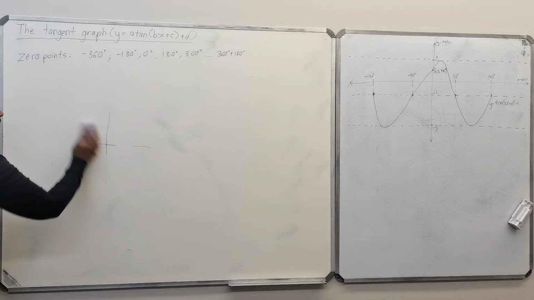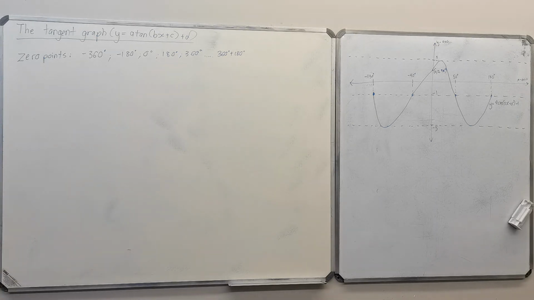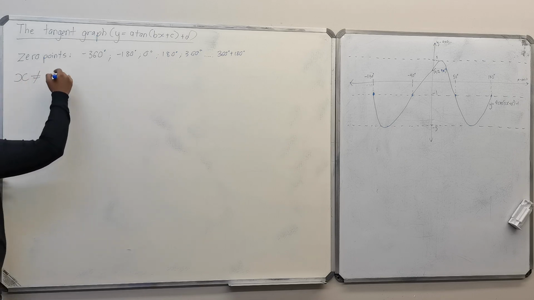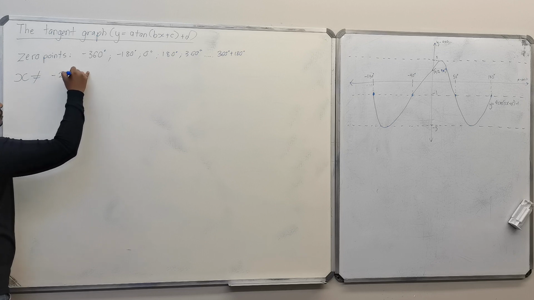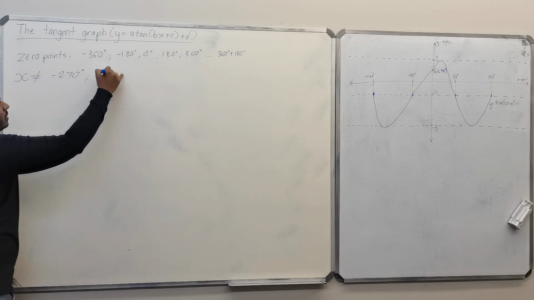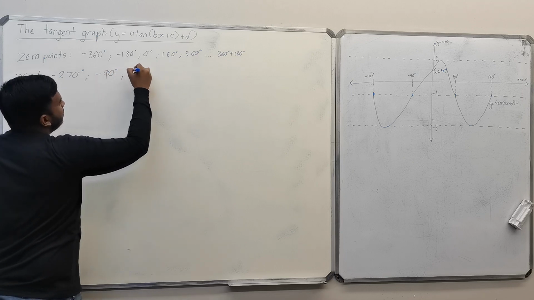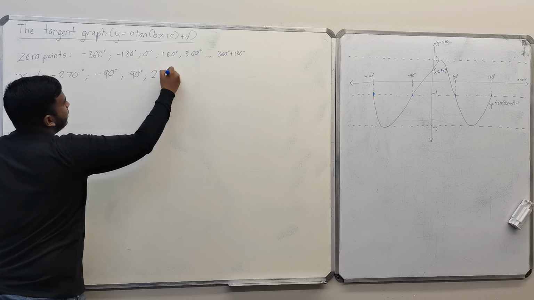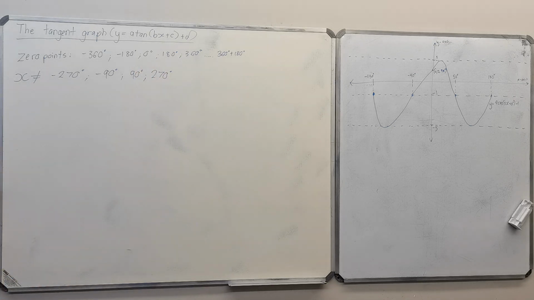So the values you need to know is x won't be equal to negative 270, negative 90, 90, 270 and so on. What can help you remember this is your 0 points for this is like how a sine graph is. The values where x is not equal to a value is like cos 0 points. So you can kill two birds with one stone.